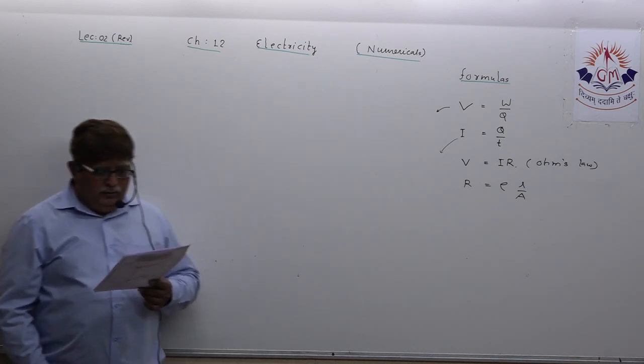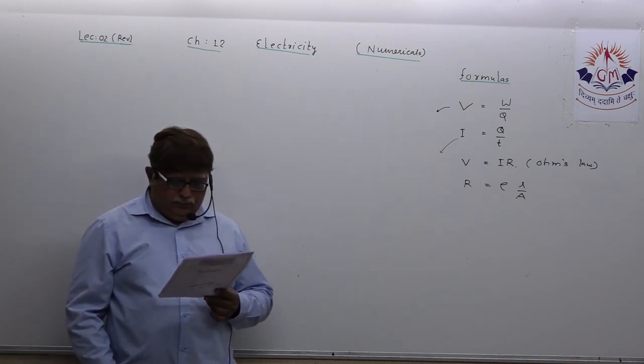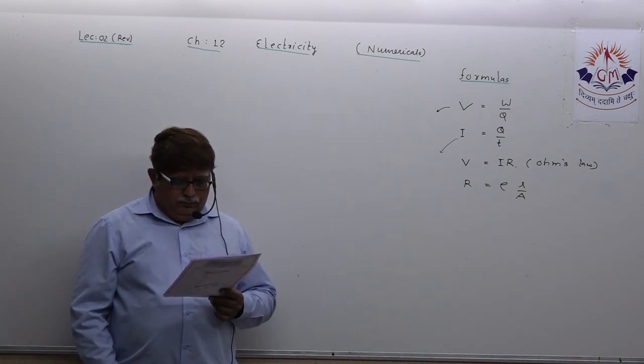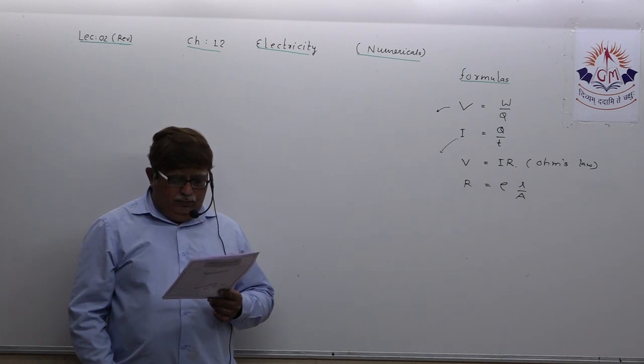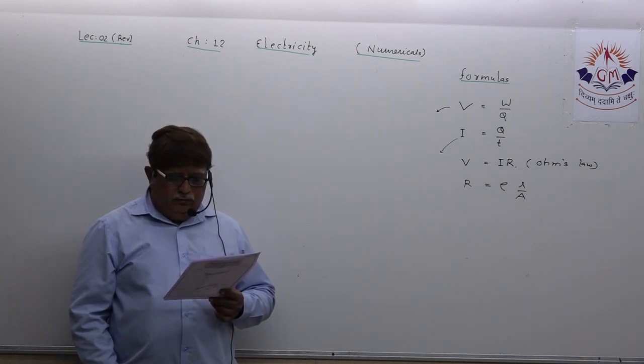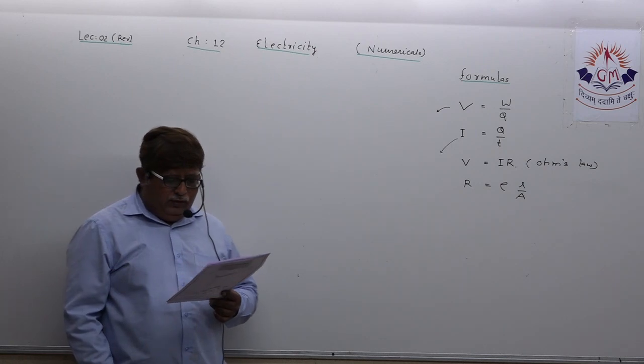See numerical number 8. 2 ampere electric current is passed for 1 minute through a conducting wire. How much electric charge will pass through the wire?